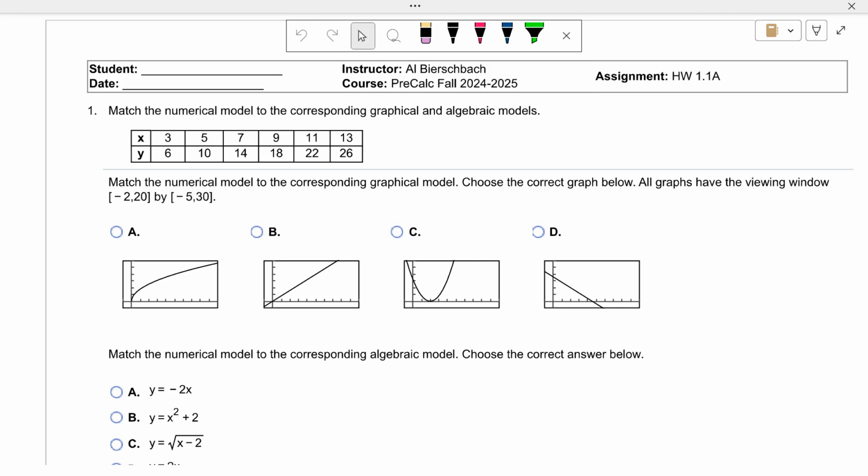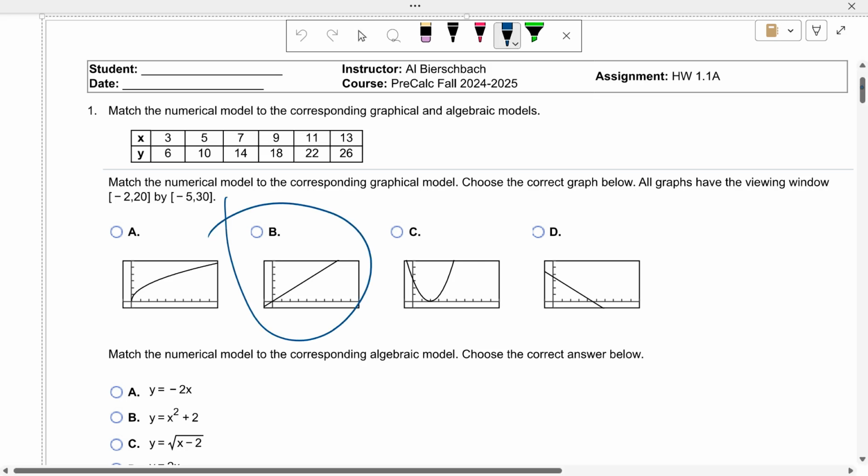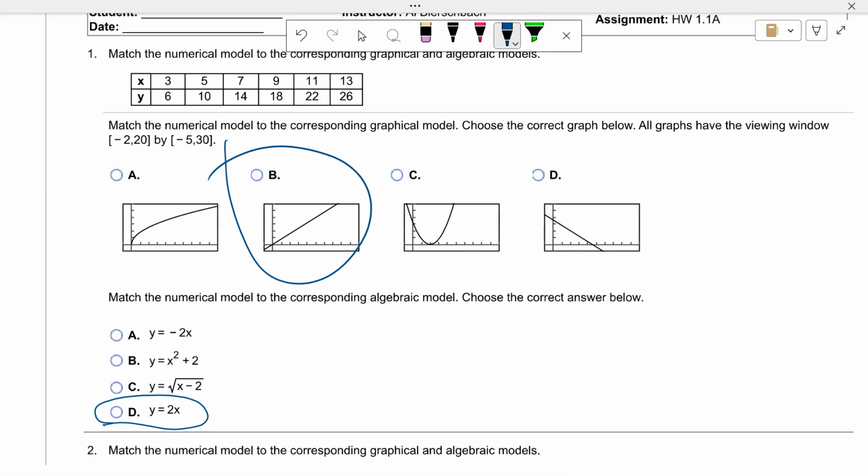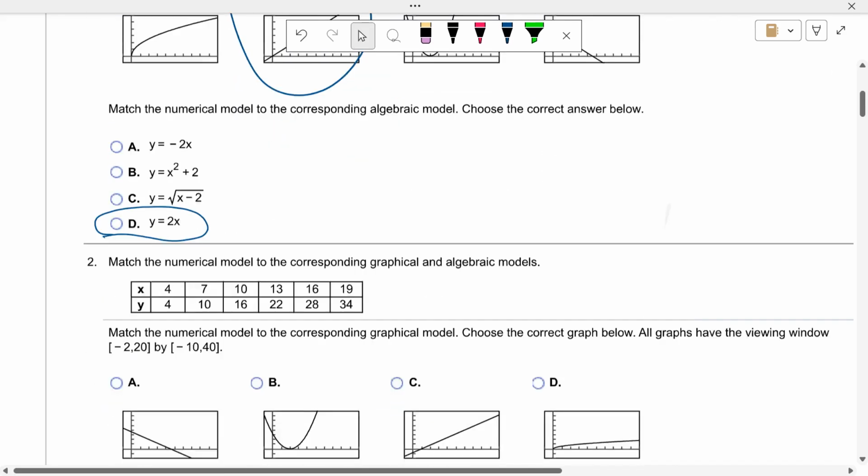So as x goes up, y goes up. It has to be graph B. Okay. Now, as Daniel explained, the y's are always twice the x. So that would be your equation. Okay, we'll call that good.